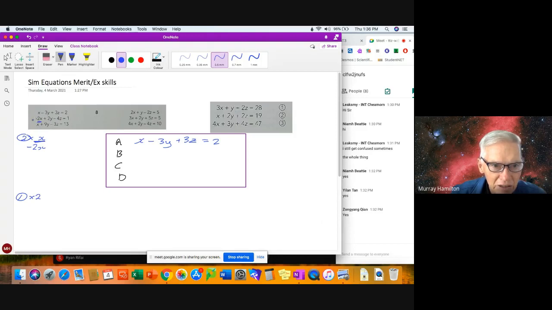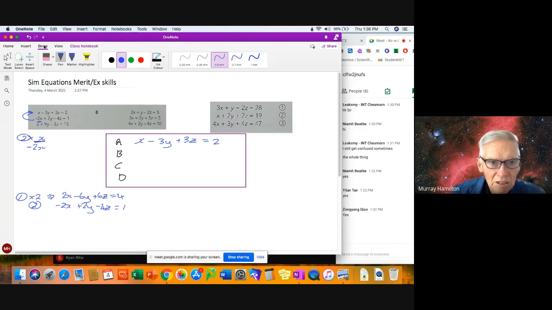When I do equation 1 by 2, it becomes 2x minus 6y plus 6z equals 4. I write under there what equation 2 is: minus 2x plus 2y minus 4z equals 1.